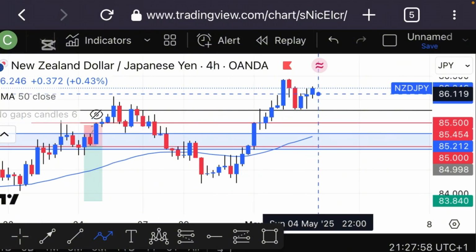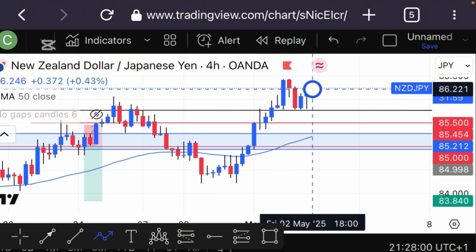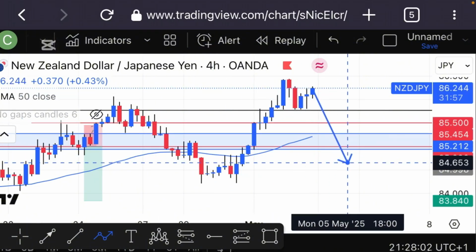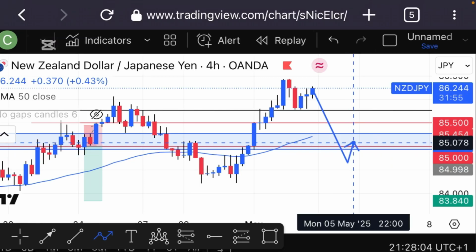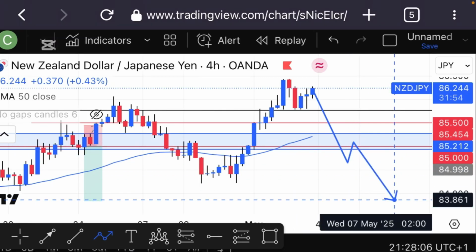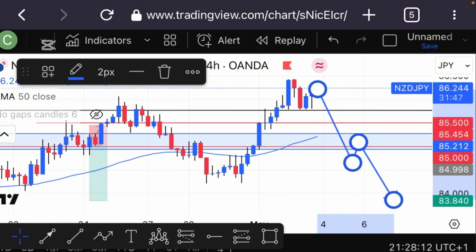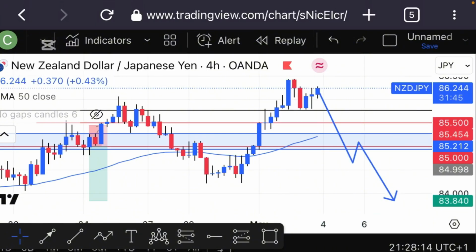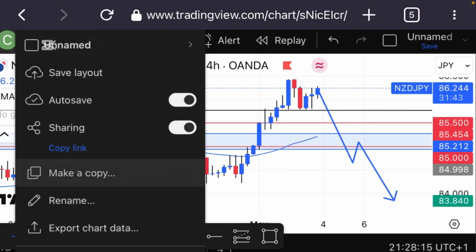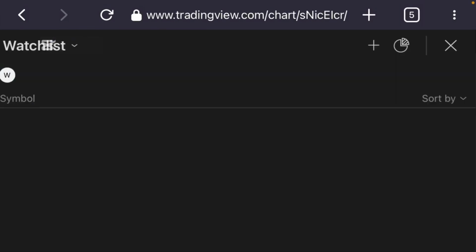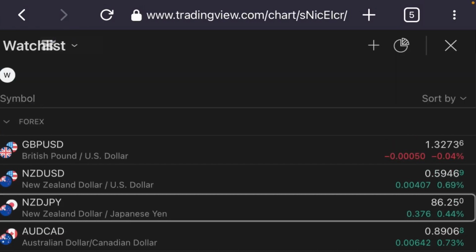And now what I'm waiting for here on NZD is a quick break, retest, and then sell. If it happened, it would be a good trade. I think, guys, those are the markets that I analyzed.